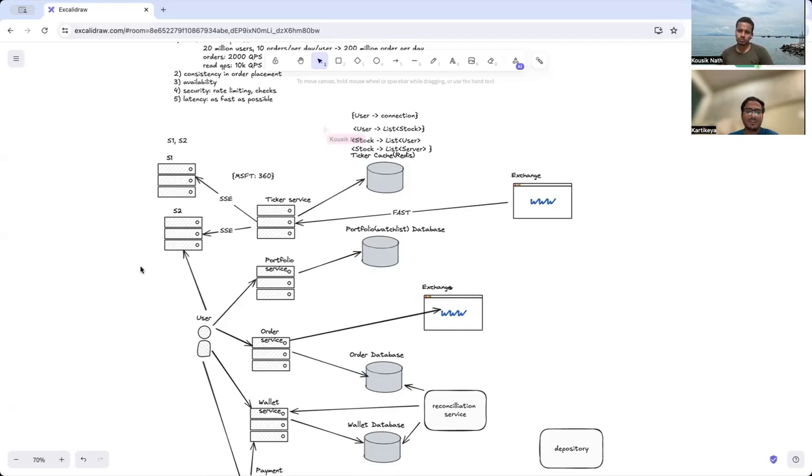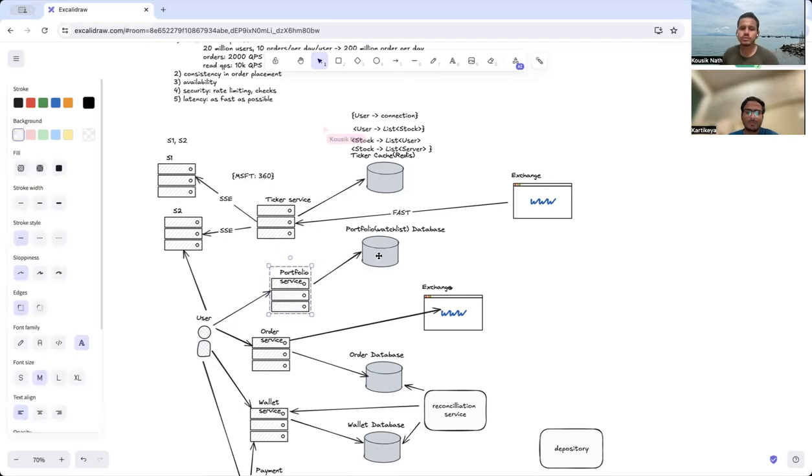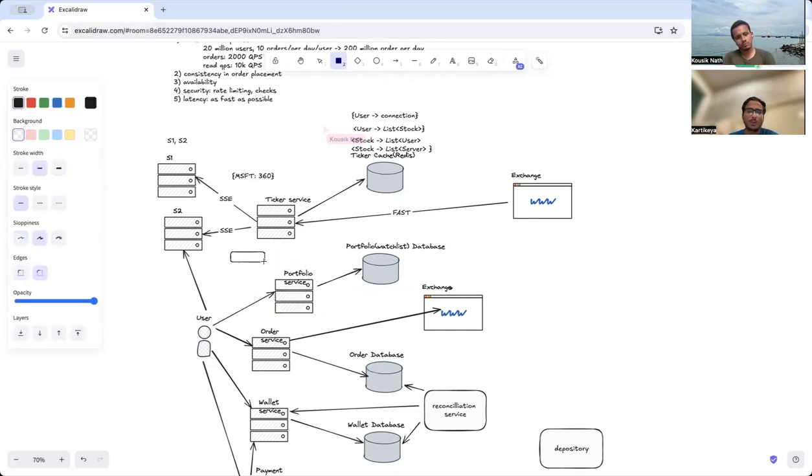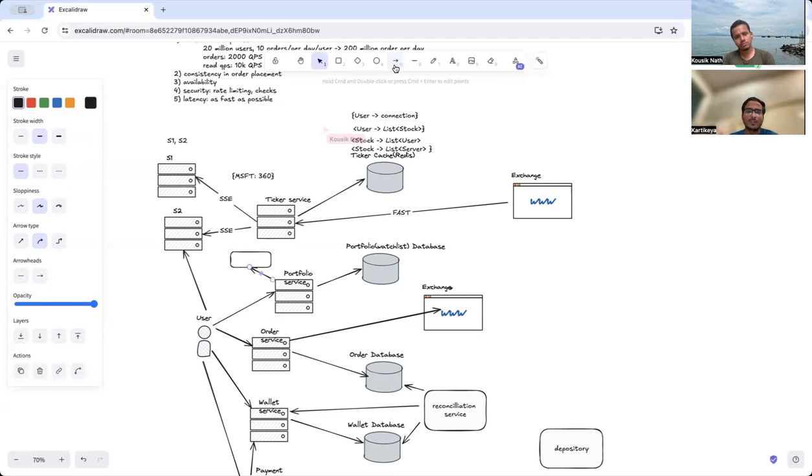It still doesn't look like a very good experience to me. One more thing that we can do is, when we are updating the portfolio, we are anyway making the call to portfolio service, and portfolio service stores the data in the portfolio database. So let's say we use change data capture, or even if we don't, we put in a queue here, and we publish the changed event to this queue, and this queue is subscribed to by these servers.